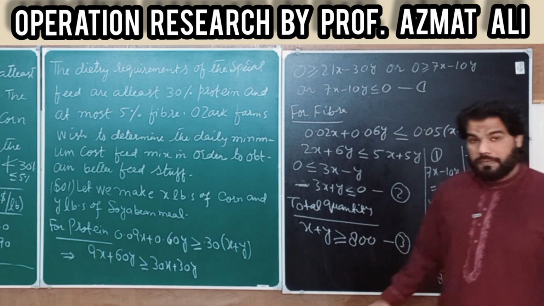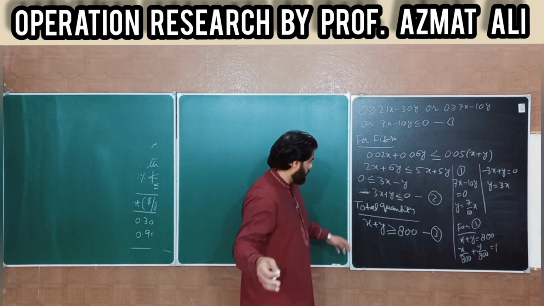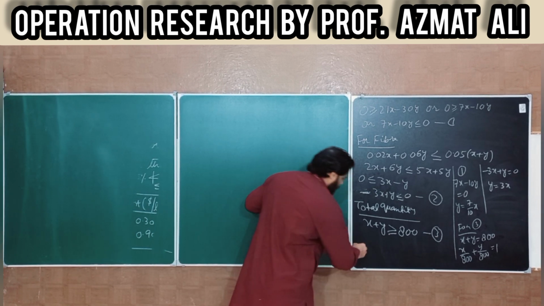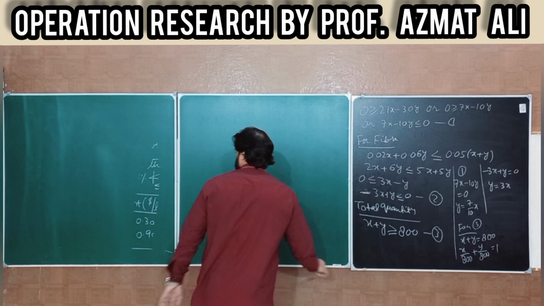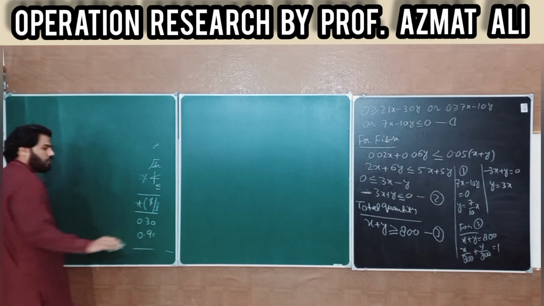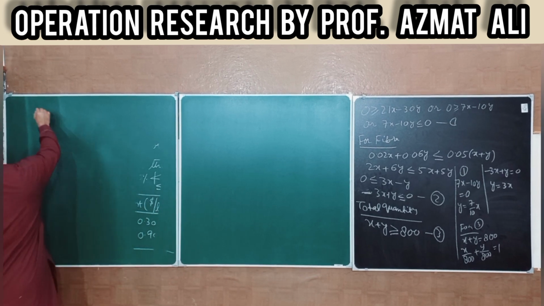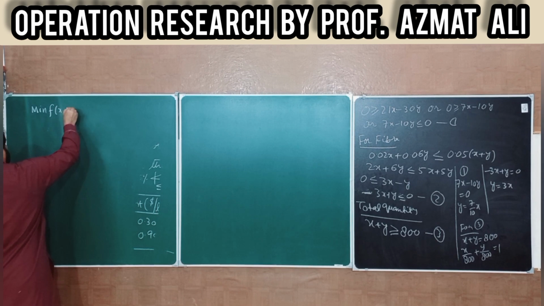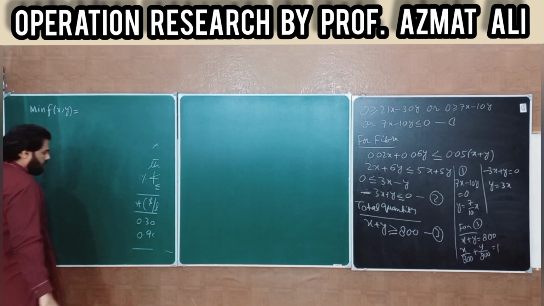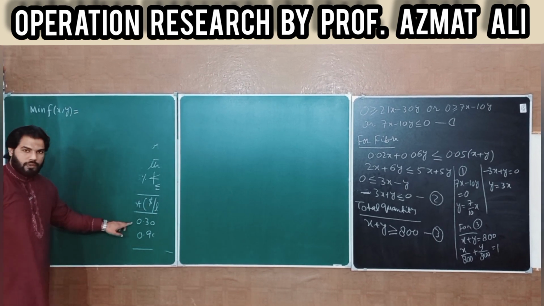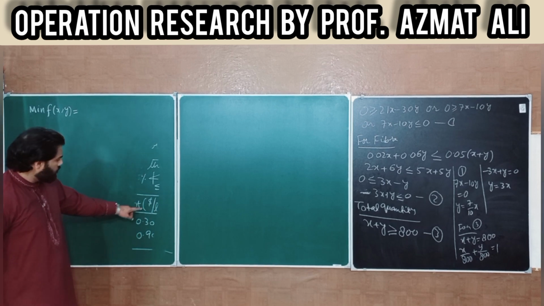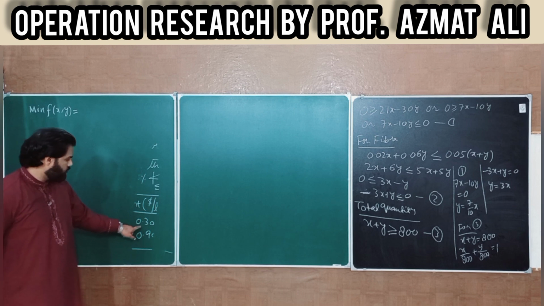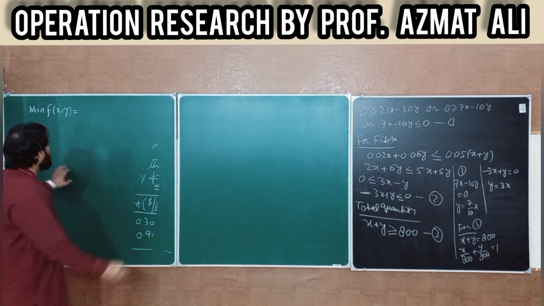See here next. Before drawing the graph, our objective function, also the cost function, that we have to minimize, f(x, y) is equal to: the cost per pound for corn was $0.30.